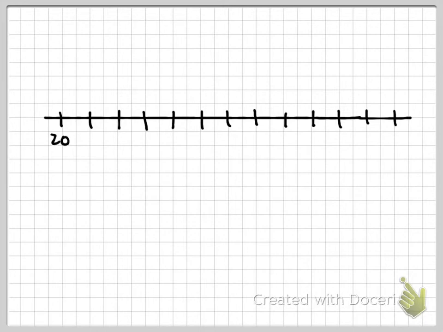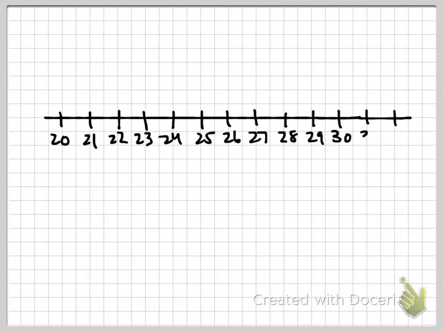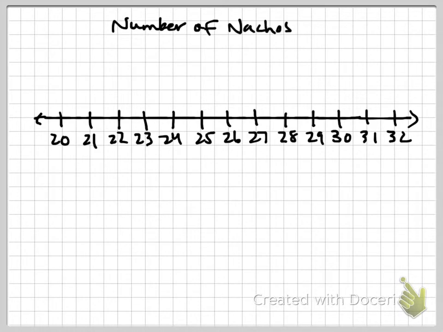So we're going to go 20, 21, 22, 23, 24, 25, 26, 27, 28, 29, 30, 31, 32. And this is going to be the number of nacho bowls sold each night.